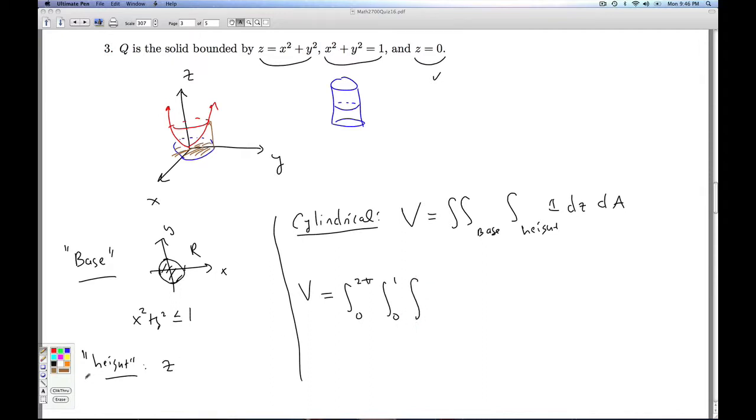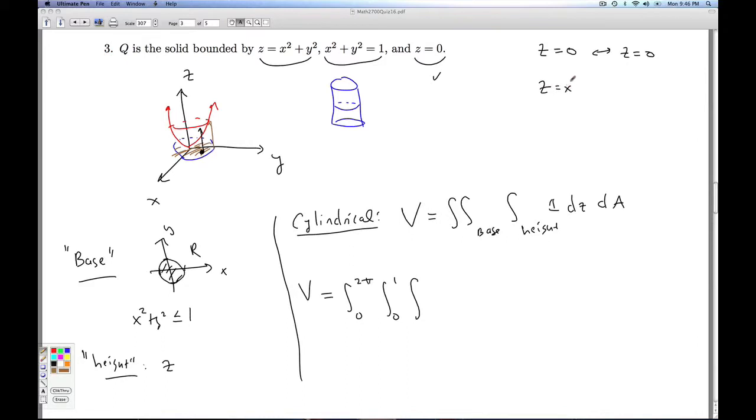What's the height going to be? Well, for a fixed r and theta down here in the plane, what does the height run between? Well, it runs between here, z equals 0, up to the paraboloid, z equals x squared plus y squared. So z equals 0, that's the same in both cylindrical and rectangular coordinates.